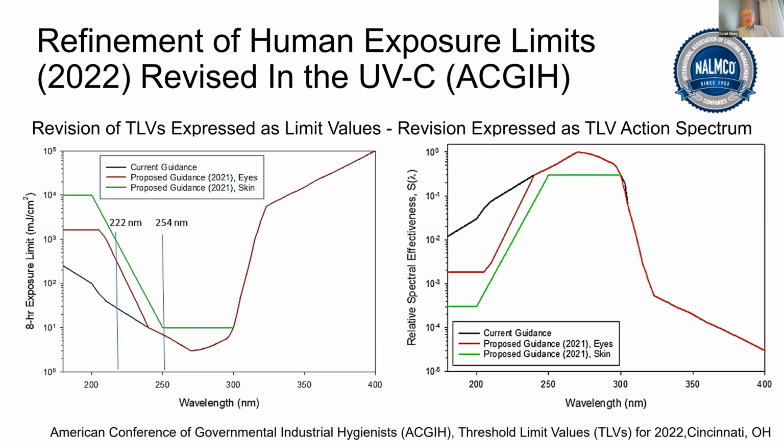They're both used in deriving the limits. The S lambda relative spectral effectiveness plotted on the right, when multiplied by the measured irradiance, gives you the exposure limit over on the left. And as you can see, the 222 nanometer limits are substantially higher. The 254 limit for the skin is slightly higher, but the eye limit for 254 remains the same.